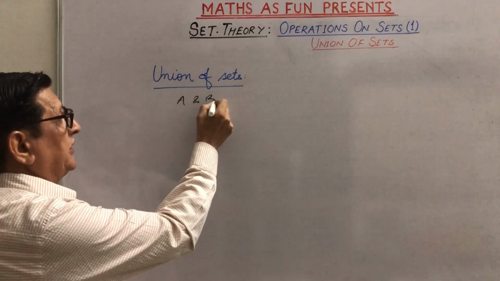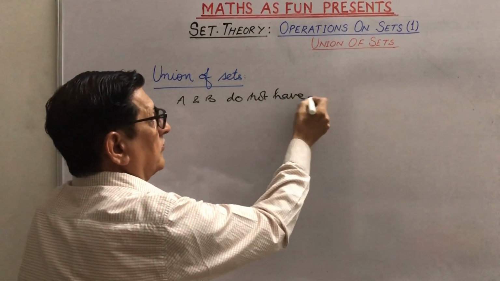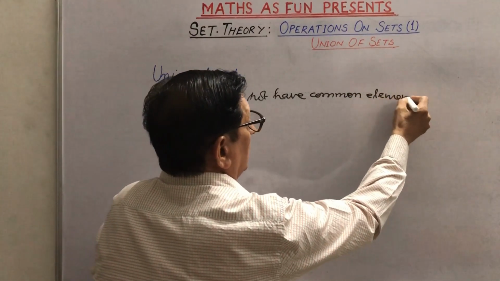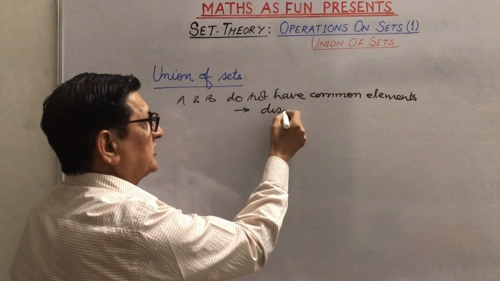If the sets A and B do not have common elements, we know such sets are known as disjoint sets.